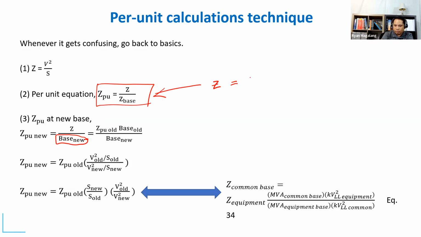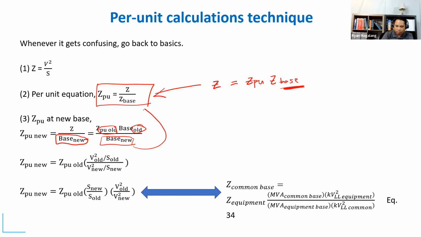This is equal to Z per unit times Z base. Now this base will become your old base here. That's why you're calling it old this time. And now because you have chosen a new base, you'll have to divide it by the new base.